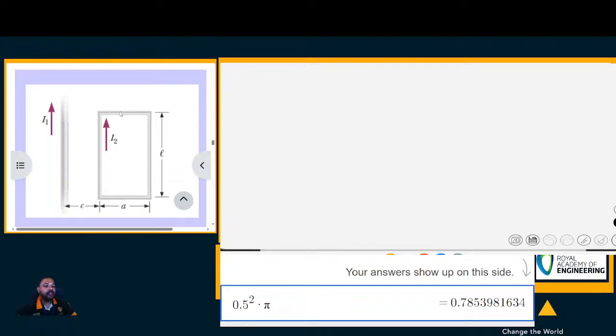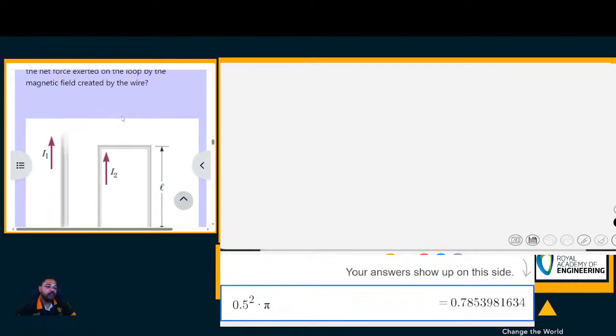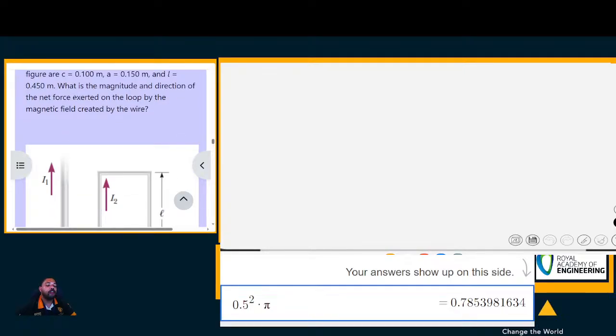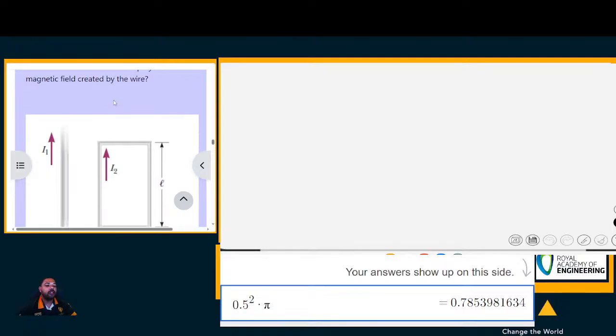A is a distance of 0.5 meters. The dimensions in the figure are as follows. C is 0.1 meter, A is 0.15 meters, and L is 0.45 meters. What is the magnitude and direction of the net force exerted on the loop by the magnetic field created by the wire?